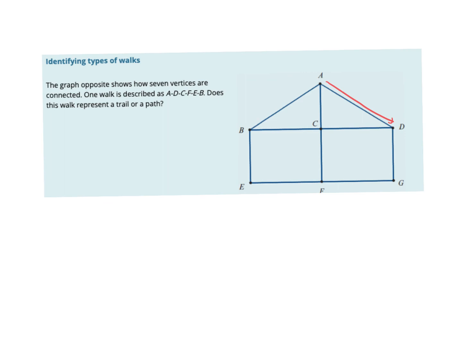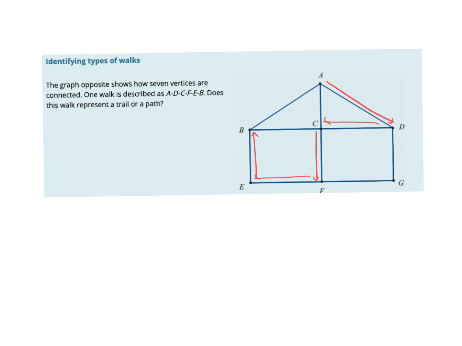We went A to D, over to C, down to F, over to E, and up to B. Does this walk represent a trail or a path? I don't repeat any edges, so it could be a trail, but could it be a path as well? Do I use a vertex twice?